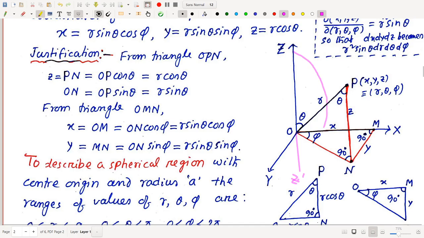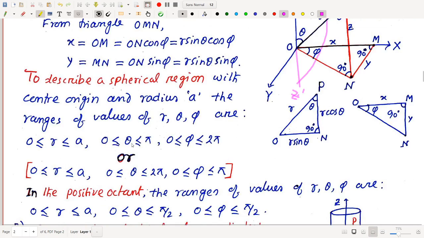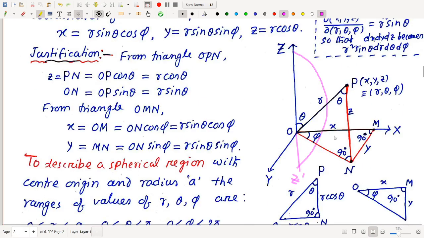For a particular position of the point P, if we rotate OP from theta equal to 0 to theta equal to pi about origin O, then we get a semicircular disc.